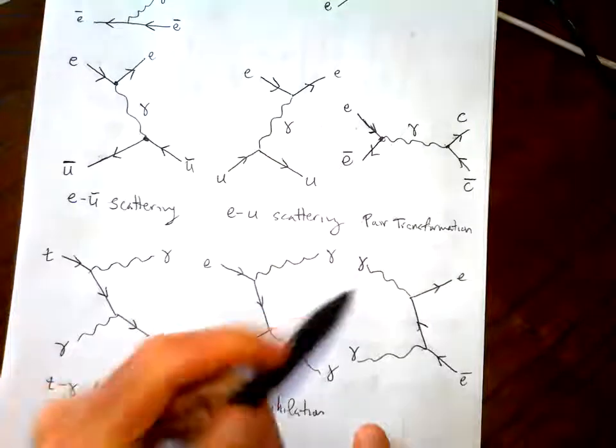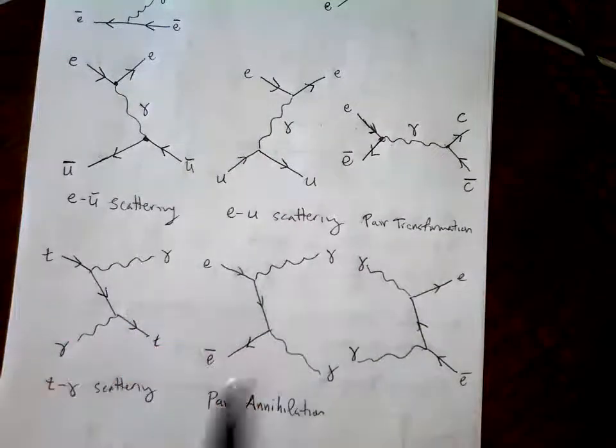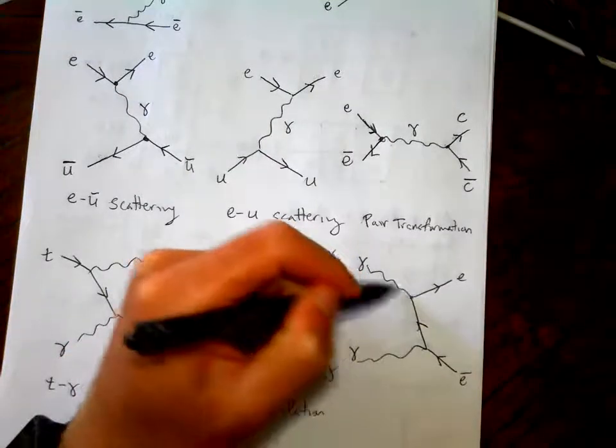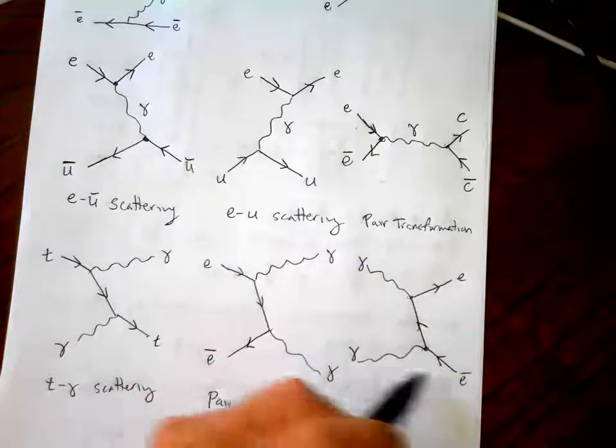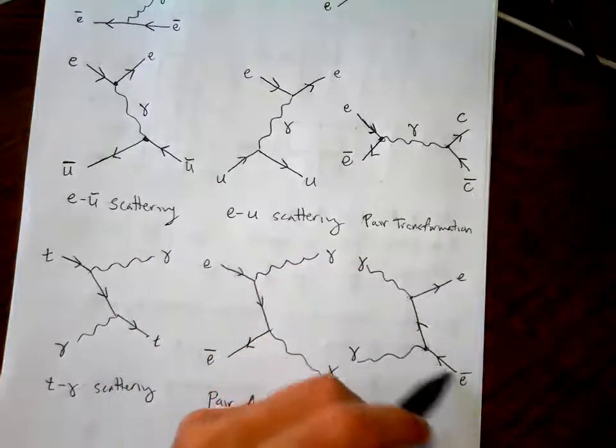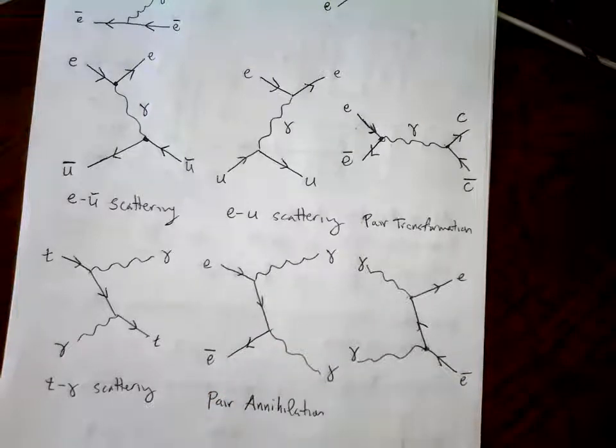So here, notice how this obeys all the rules. Each vertex has a force carrier, arrow in, arrow out. This vertex has a force carrier, arrow in, arrow out. So this obeys all the rules.